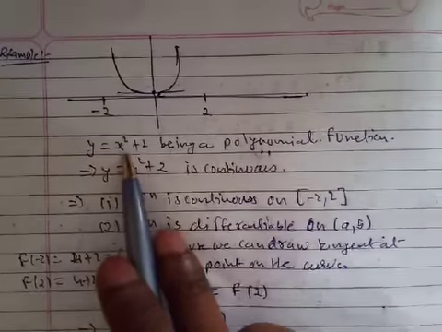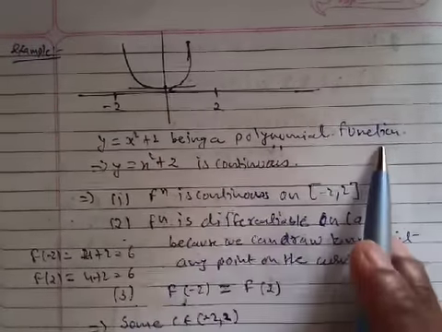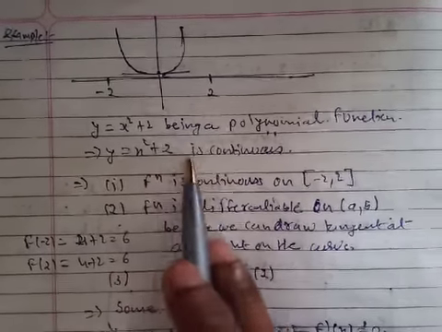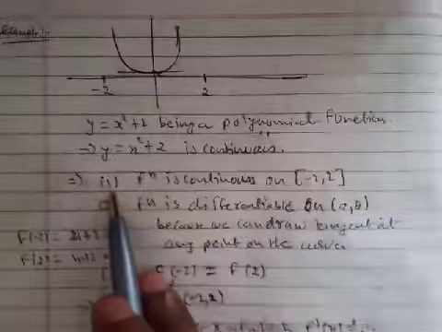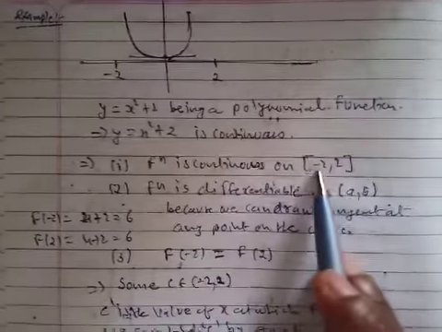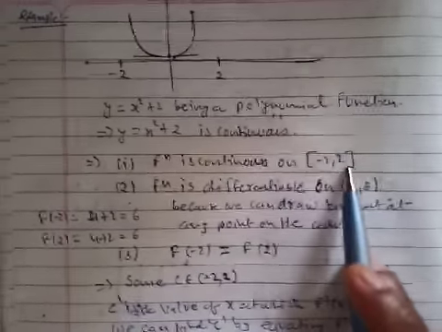Function y is equal to x square plus 2, being a polynomial function, implies y is equal to x square plus 2 is continuous. So therefore, the first condition: the function is continuous on the closed interval minus 2 to 2.